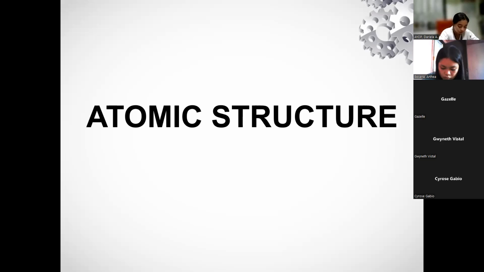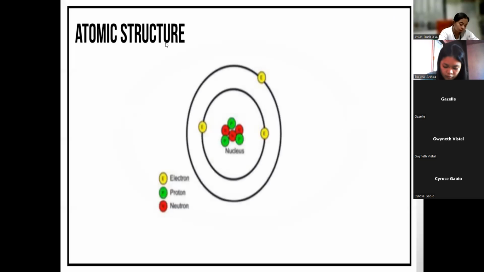Gusto ko lang mag-ask, what is the basic unit of life? Basic unit of life. Life. Cells po, ma'am. Cells. Very good, ha? Pag sinabing basic unit of life, that's cells. But if we say basic unit of matter, class atom yun, ha? Atom.